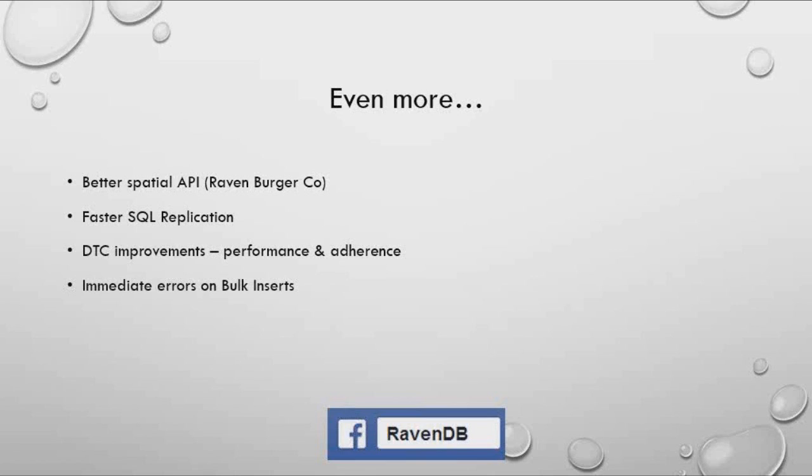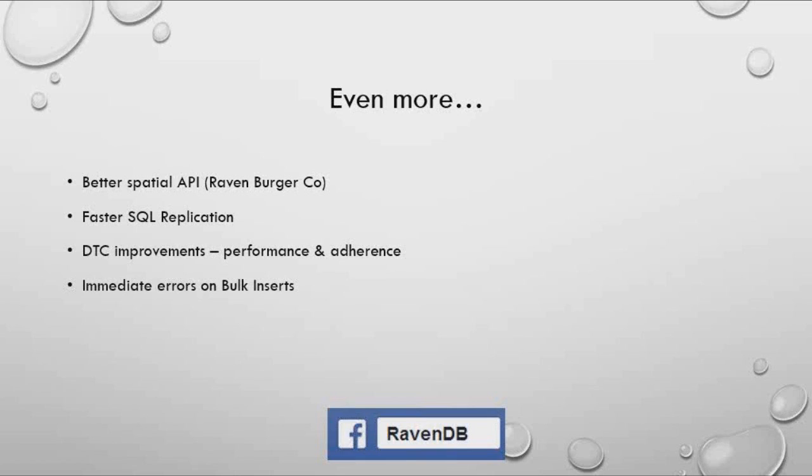We're actually using the same prefetching strategies in here as well to drain faster into the relational database. We made improvements for distributed transactions, both in the performance of the system and in how well we tie to the protocol. And we made bulk inserts report errors faster.